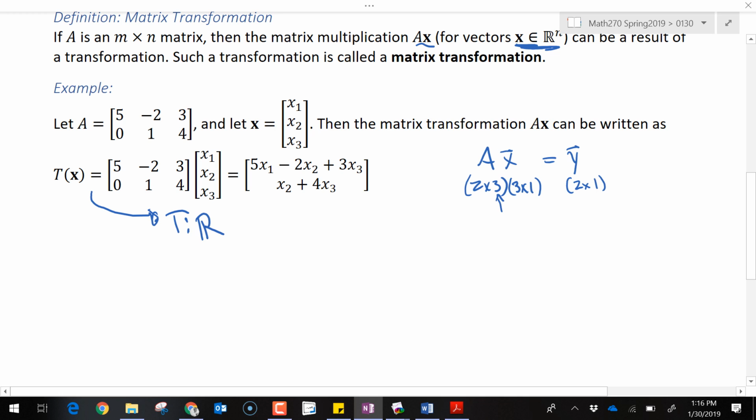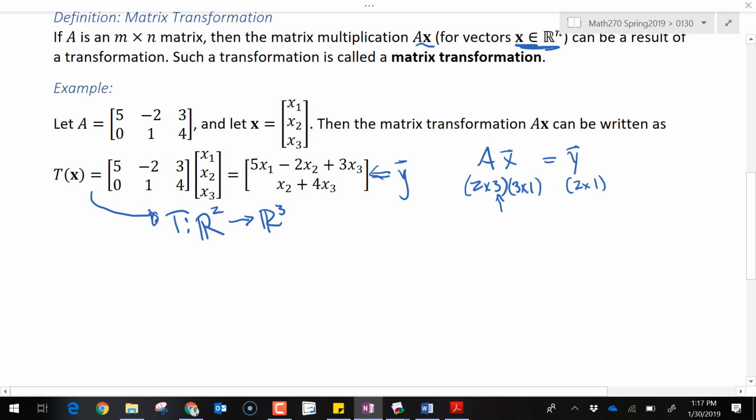R2 or R3? What's the output? The output is a 2 vector, right? This is your Y vector output, and there are 2 components. So this goes from R2 to R3.